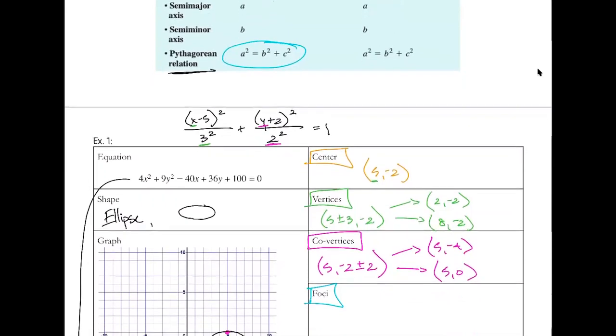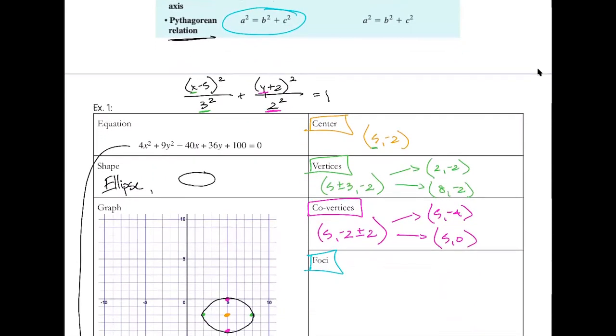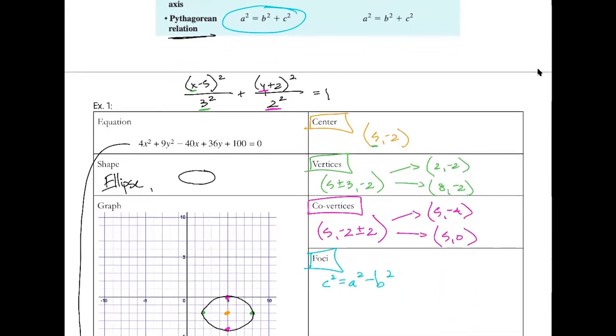So I don't tend to write it as a squared equals b squared plus c squared. I tend to write it as c squared equals a squared minus b squared. So I'm already isolating the c that I need to solve for, okay? But you're welcome to plug it into that Pythagorean relation. It'll just be an extra step where you need to subtract as soon as you plug in the number.